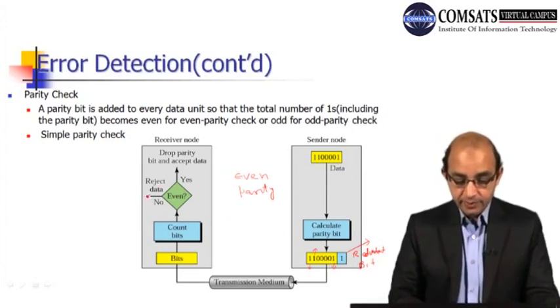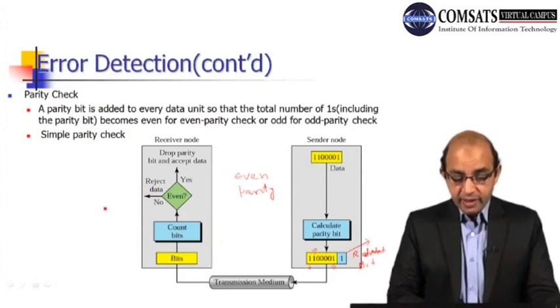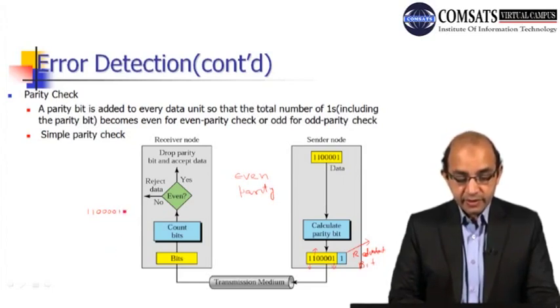Let's take an example with the same data: 1, 1, 0, 1, and remember that this is the redundant bit. So let me put a box around this redundant bit. So 1, 2, 3, 4, and we actually have an even number of ones.